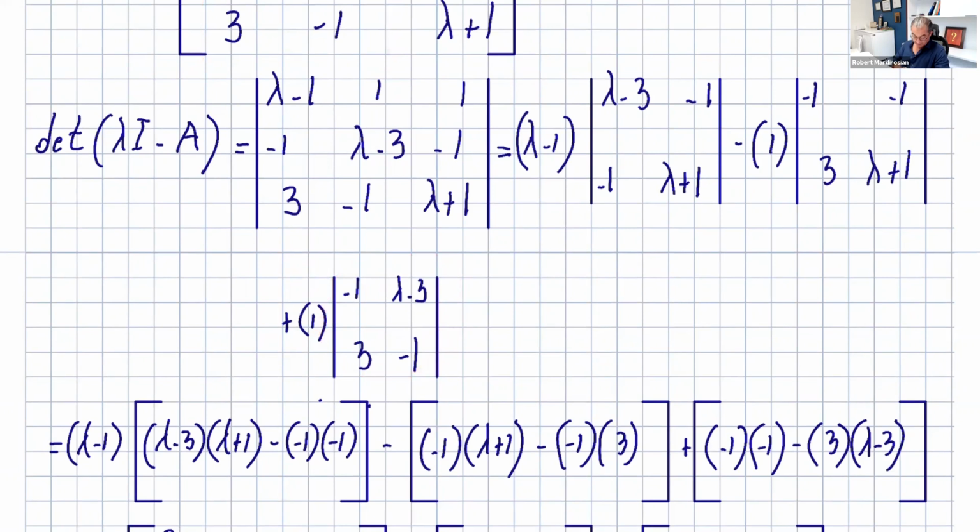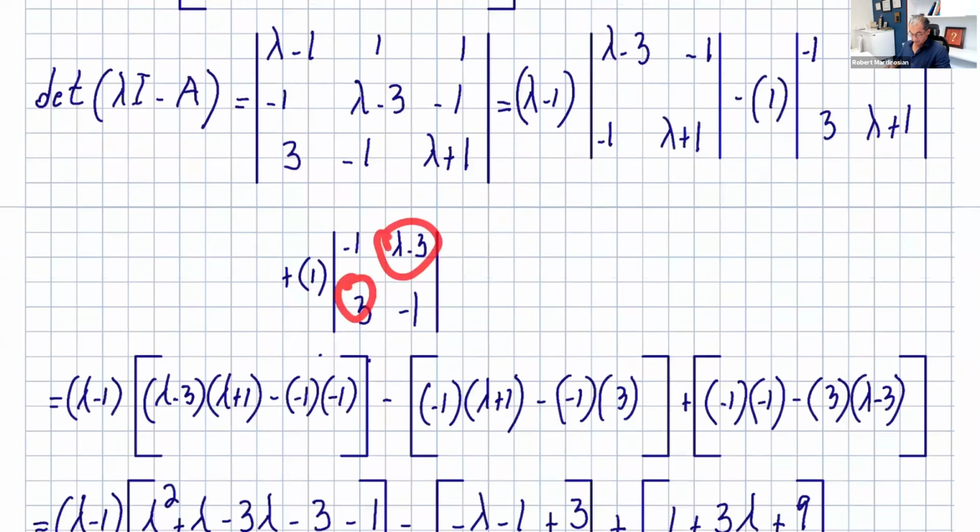If you simplify, the determinant of the first matrix is lambda minus 1 times lambda minus 3, minus -1 times 3; it makes no difference whether you take that times that or that times that. Then for the second one, the 1 just goes away: -1 times -1 minus 3 times lambda minus 3.